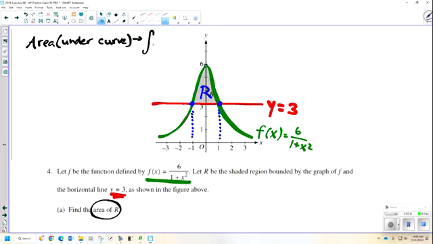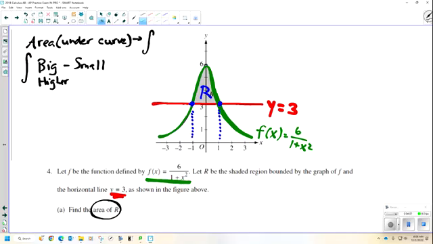The important part here is I need to find that area under the curve. Whenever I have 2 lines, 2 curves, 2 functions that I'm finding the area in between, it is always, always, always the bigger function minus the smaller function. We're going to integrate that. So the question is, what is the bigger function? The bigger function is the higher or the taller function, the function that's further away from the x-axis.